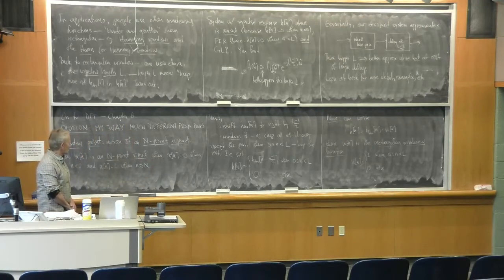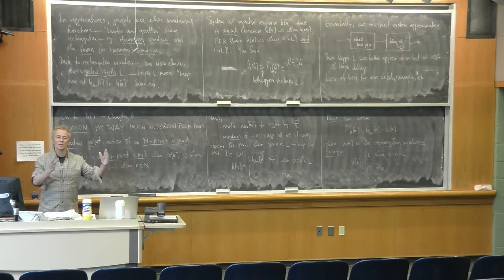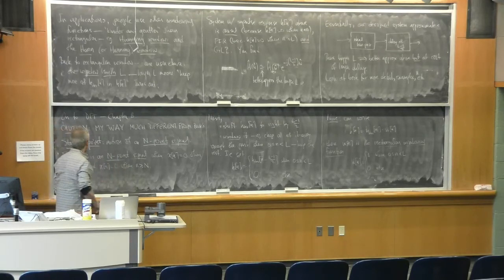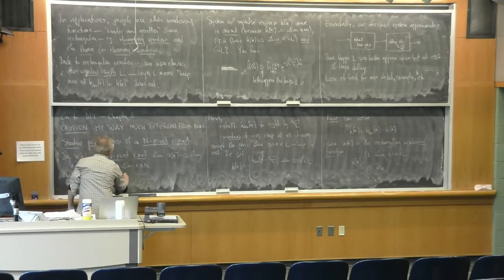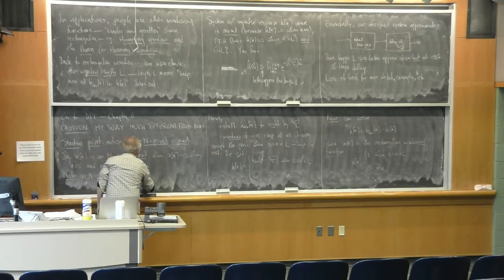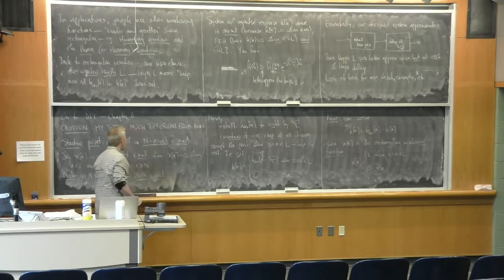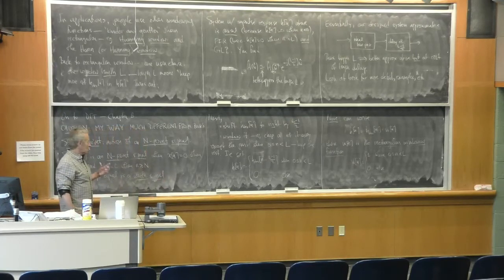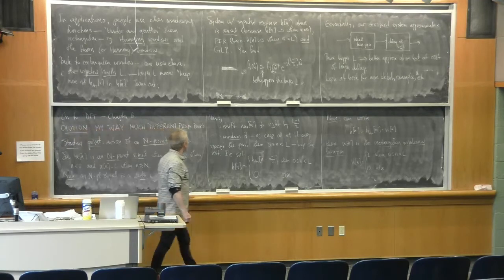Now, I want to emphasize, it's my way of doing this. An N-point signal is a whole signal. It's not just a piece of a signal. Okay. So, note, an N-point signal is a whole signal, not just a piece of a whole signal.